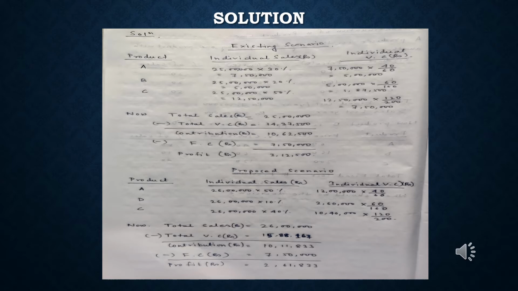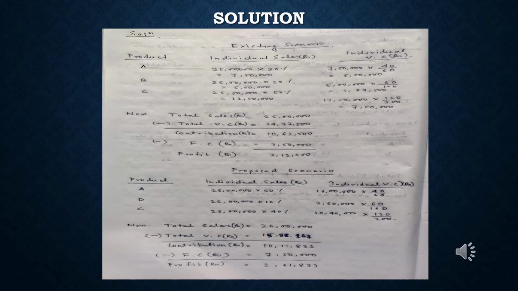A has a sales percentage of 30, B and C have it at 20 and 50% respectively. So the total sales figure of A, B and C can be divided into 7,50,000, 5 lakh and, most importantly, 12,50,000.